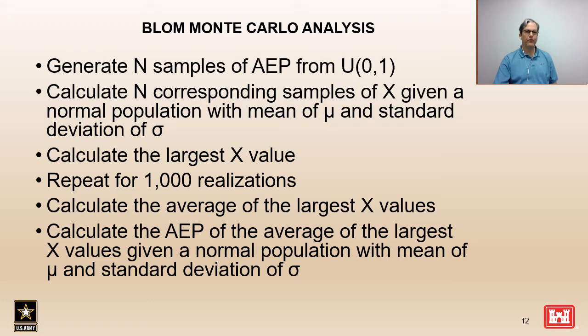We repeat that process for 1,000 realizations, recording the largest x value for each realization. After that, we can calculate the average of all the largest x values over all of the realizations. We then calculate the annual exceedance probability of this average x value, again assuming that we have a normal distribution with a given mean and a given standard deviation. This AEP value will equal our plotting position value.